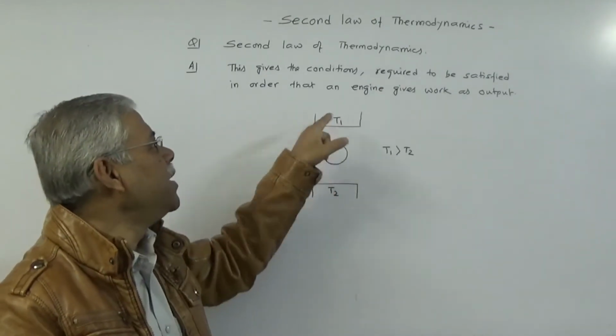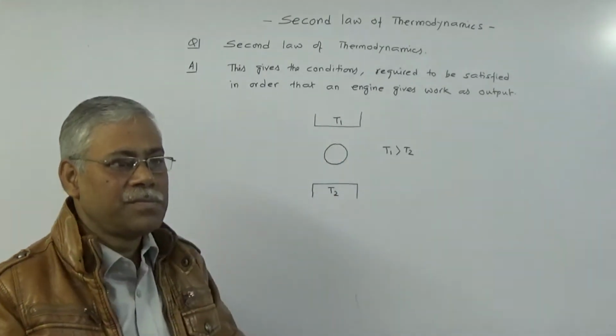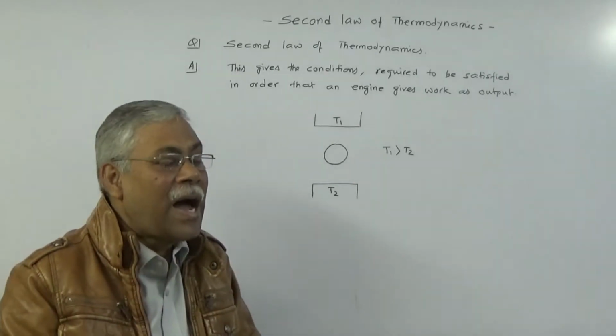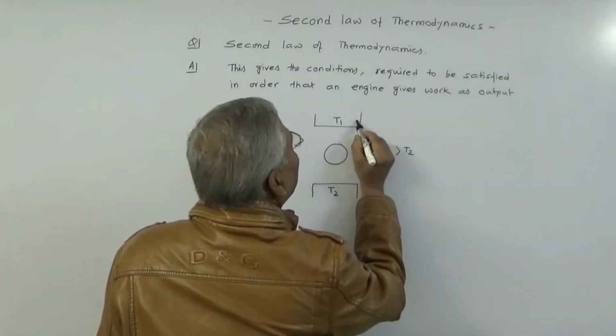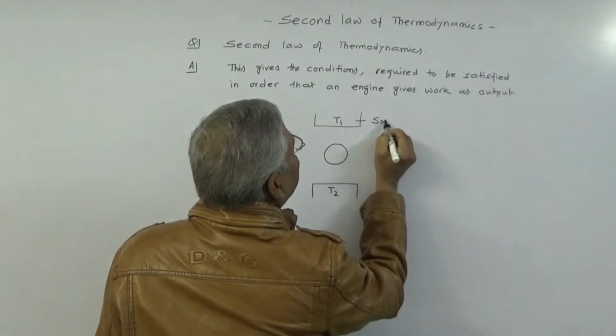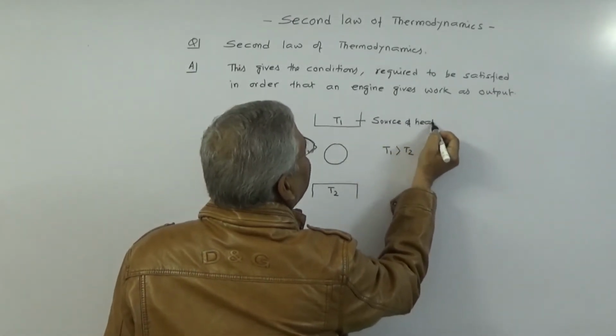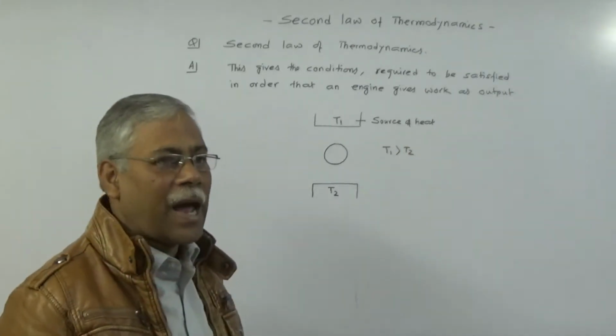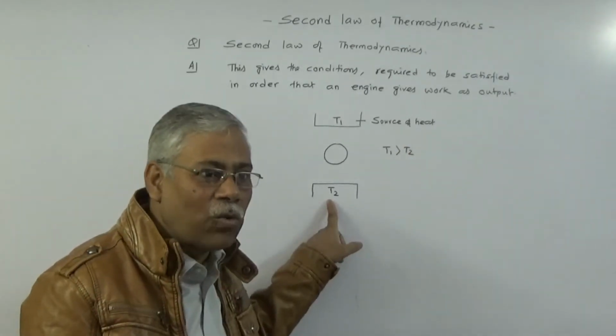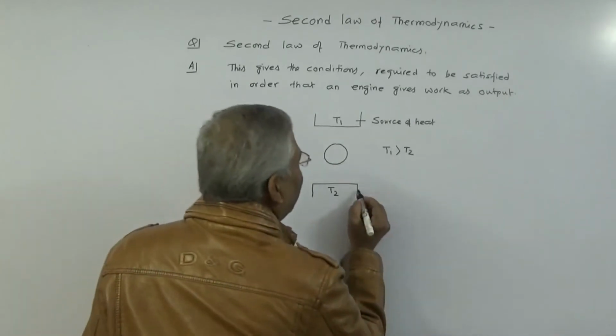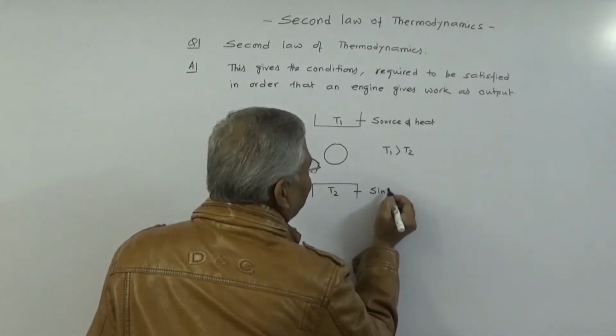The body which is kept at a higher temperature is called the source of heat, and the body which is kept at a lower temperature is called the sink of heat.